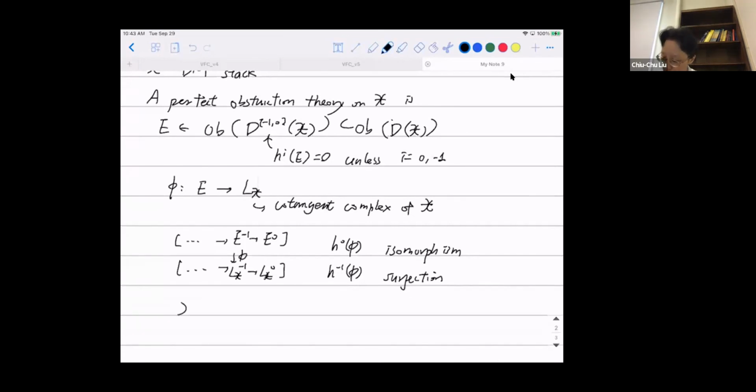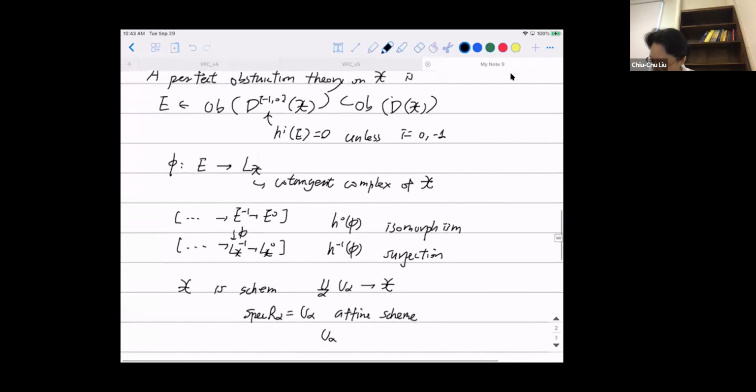So recall that if X is a scheme, you can have an atlas where each U alpha is an affine scheme, like spec of some ring, and this is a disjoint union, and this is an open embedding.